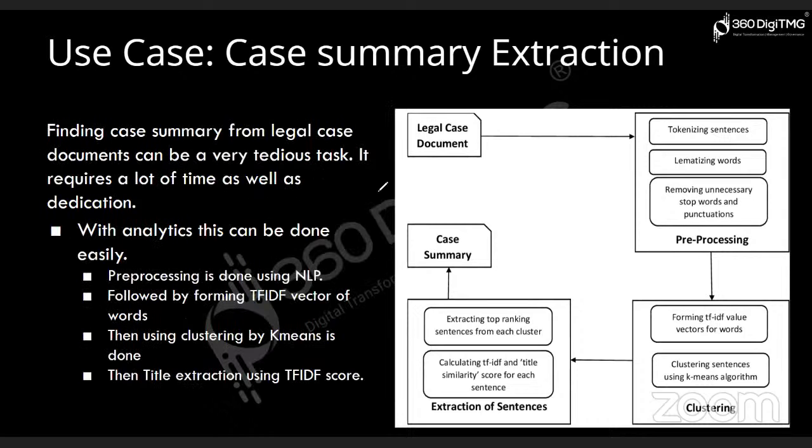Okay, so we are having this legal case document. We will first use some pre-processing techniques. Okay, it is basically text data, so we'll use pre-processing techniques like tokenization, lemmatization, removal of stop words and punctuation. After this is done, we will form a term document matrix using TF-IDF. Once this is also done, we will then cluster it.